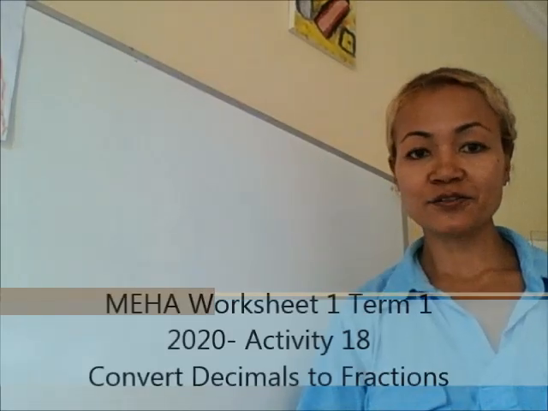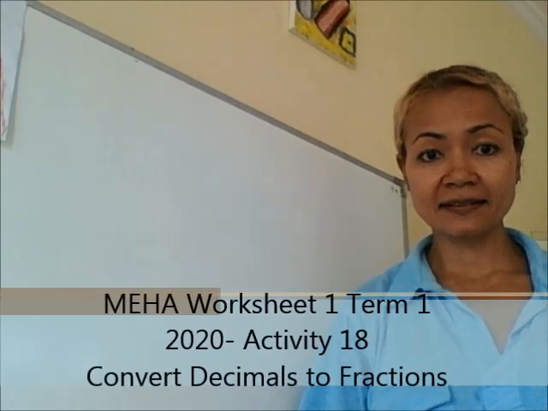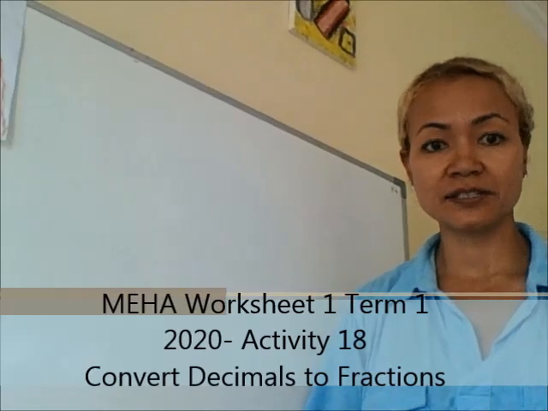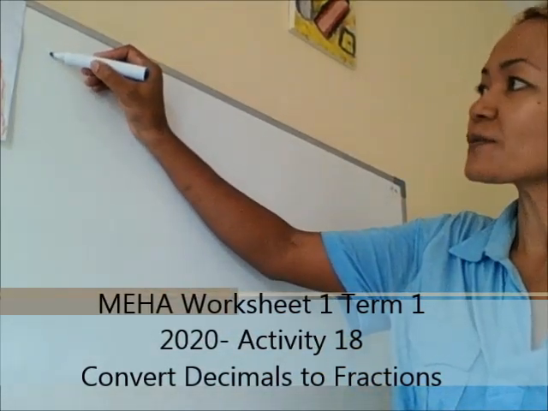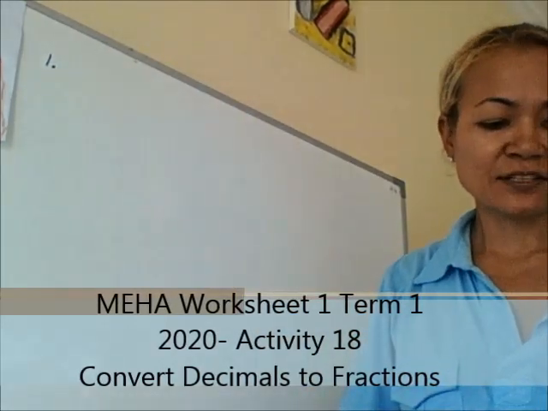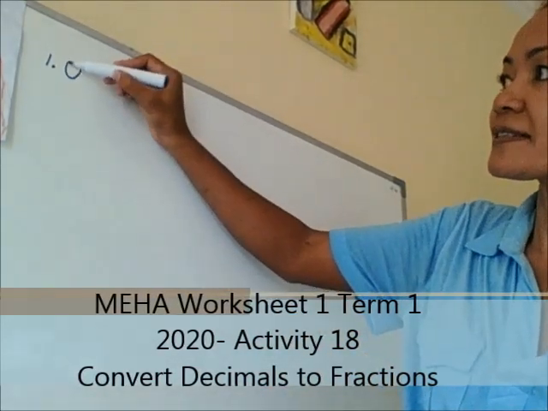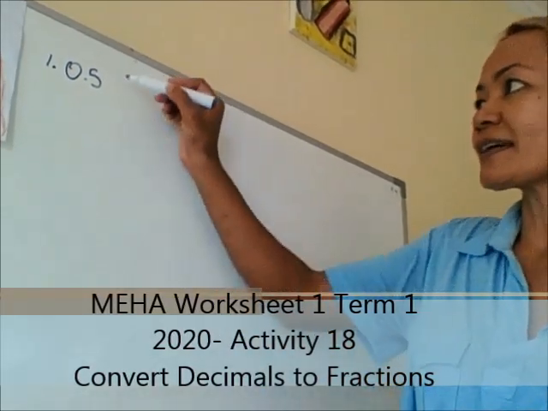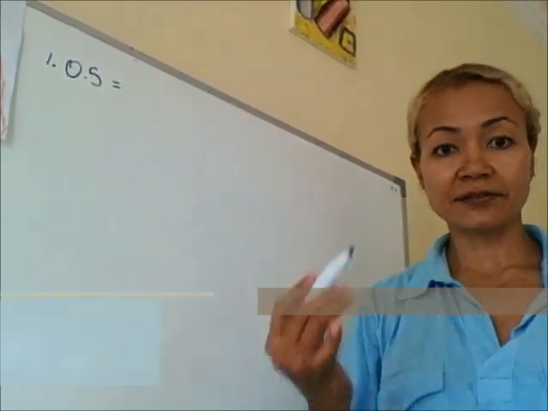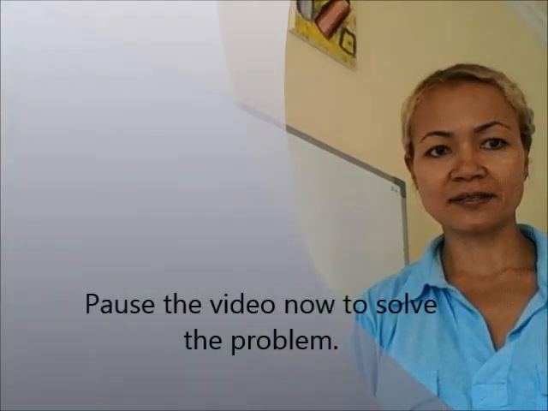We will now do activity 18, the solutions out of the maths worksheet. Okay, so the first one is converting decimals to fractions, 0.5. Now, given what we've gone through before, I'll give you time now to answer the question.